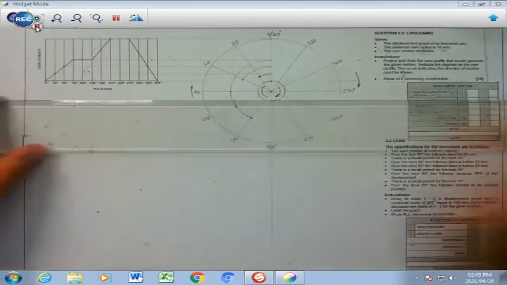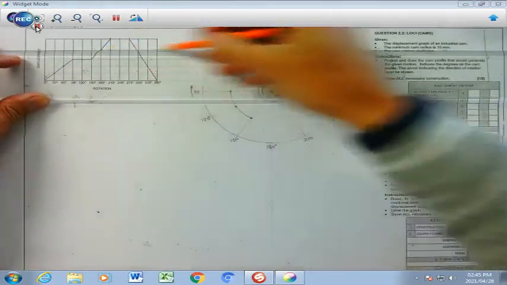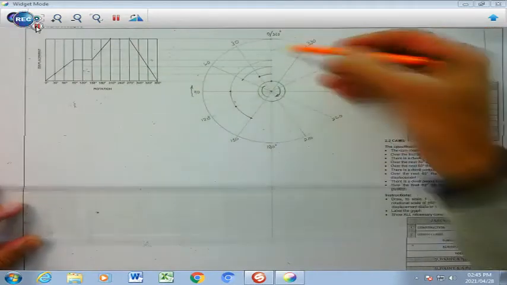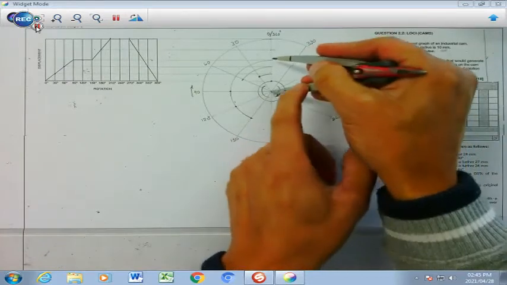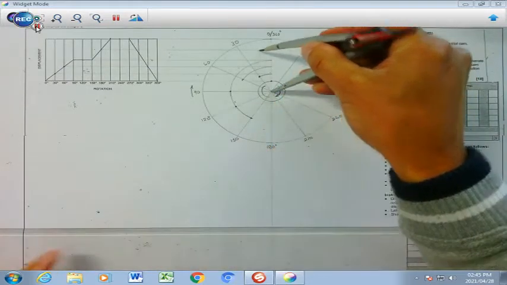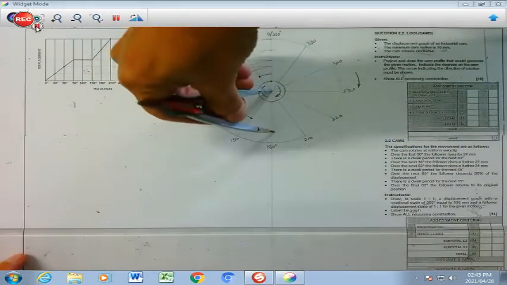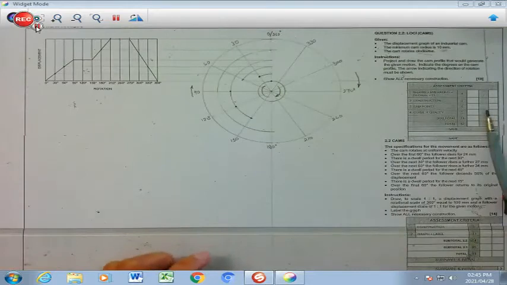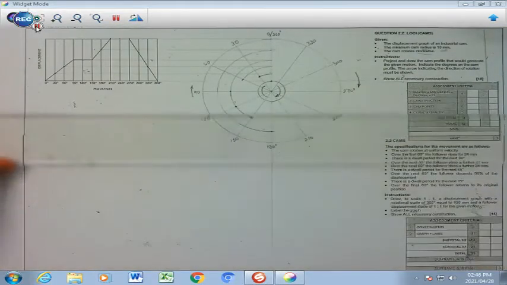I go to my next point, which is going to be my 180 point, project that across, there it is, take my compass, anchor it in the center, stretch it to my 180 point and transfer that over to my 180 point, which is going to be right there. Now I'm going to go to my next point.